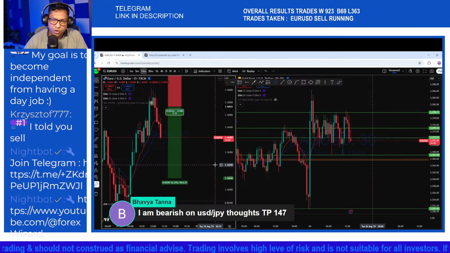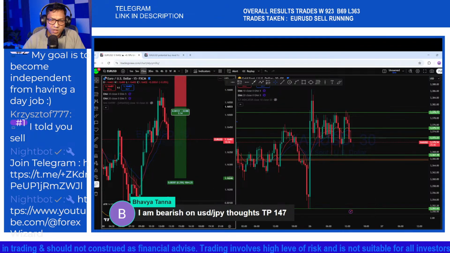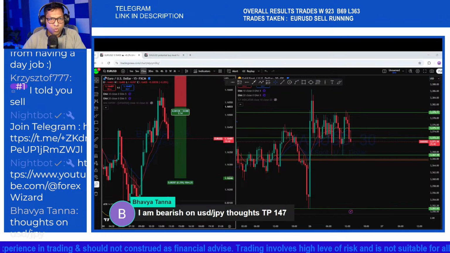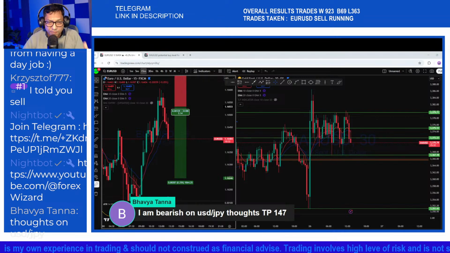Also, there will be a full education of the trade that's running. First, let's secure the profit, and then I will go in depth on this trade, why I have opened it and what is the reason behind the trade, so that you guys can see it, understand it, and implement it in your day-to-day trading.